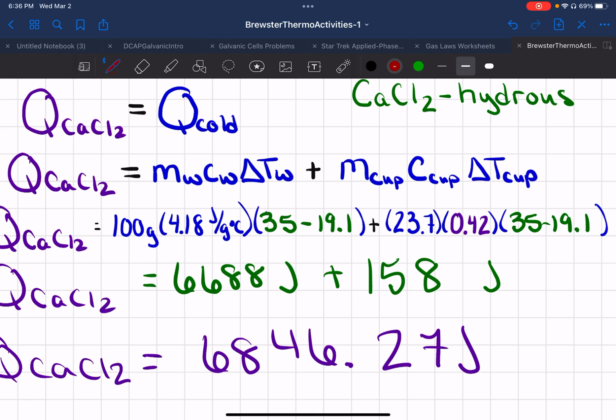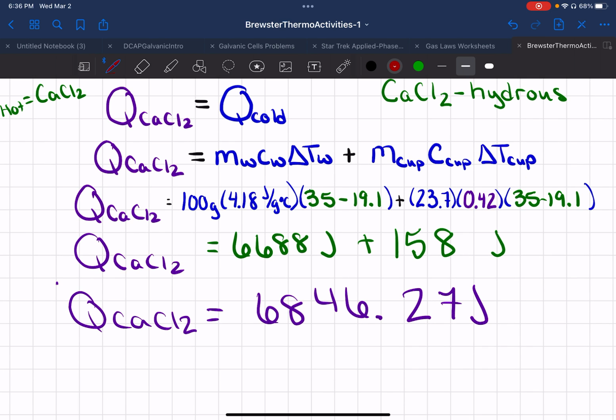Then I'm going to get a summation for my energy here. For the water, it's 6,688 joules, and for the cup, it's 158 joules. So my total enthalpy that I get for this is 6,846.